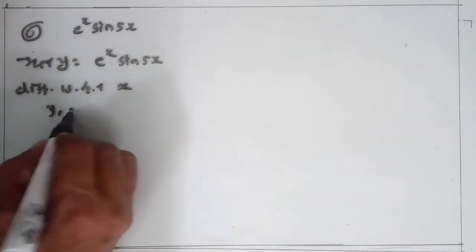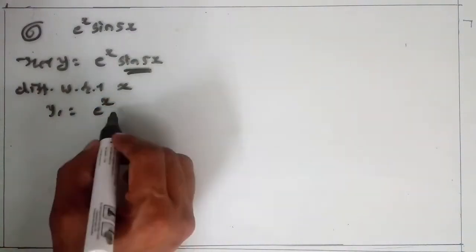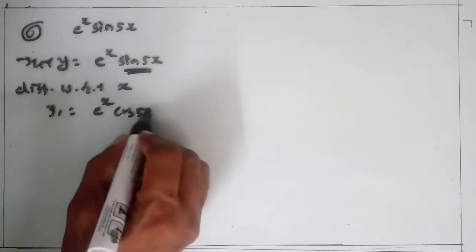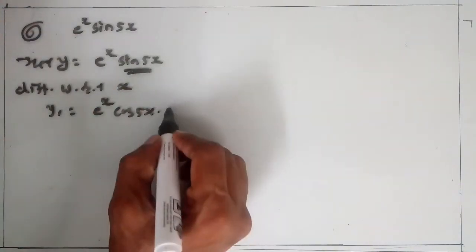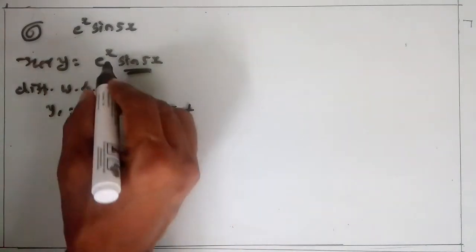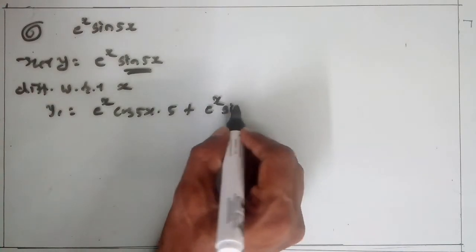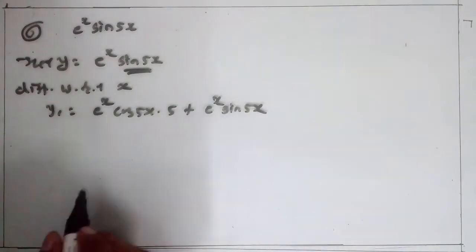Here we get y1 = e^x into derivative of sin 5x, which is cos 5x into derivative of 5x, which is 5. Clear this? Plus derivative of e^x is e^x into sin 5x.